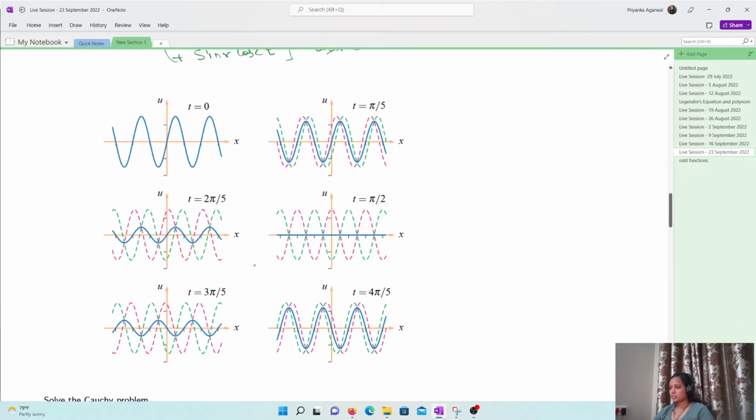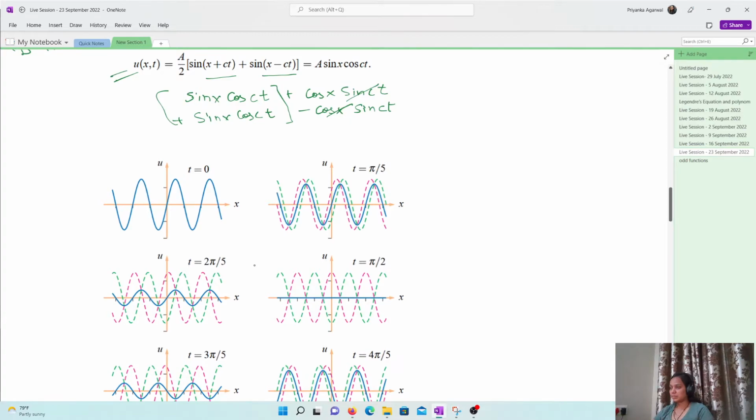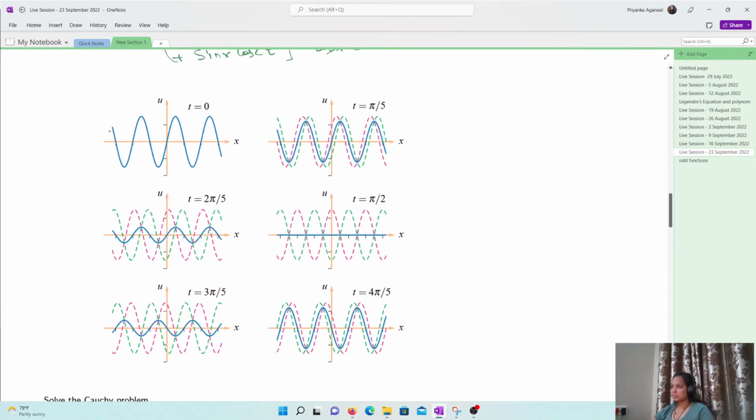Now if you plot these functions, this is something which you will get. So this blue curve is showing the function for u(x,t), and here this is shifted a bit backward. So this is for f(x minus ct), and this is for f(x plus ct). In this case we have assumed that c equals 1 and a equals 1, so the amplitude of the wave is considered to be 1.